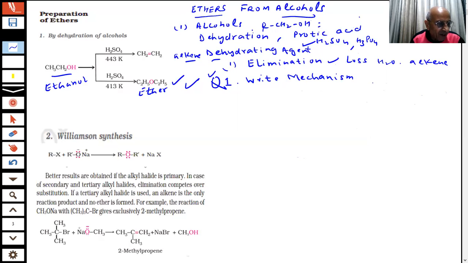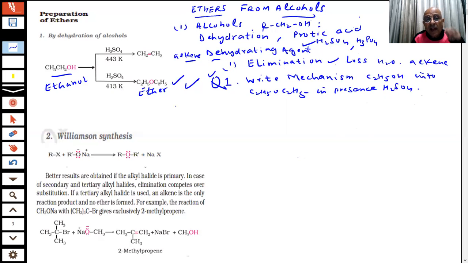Write the mechanism for conversion of C2H5OH into C2H5OC2H5 in the presence of acid H2SO4. So this is important. We have mentioned the conditions also, students.